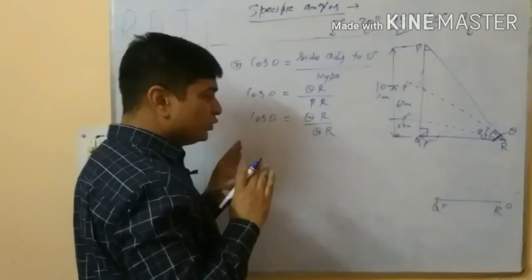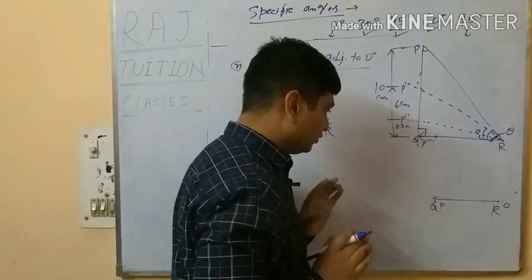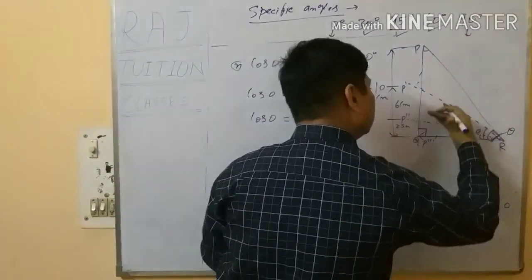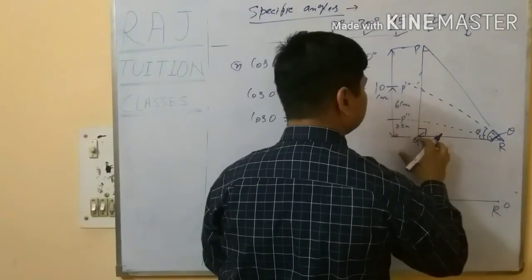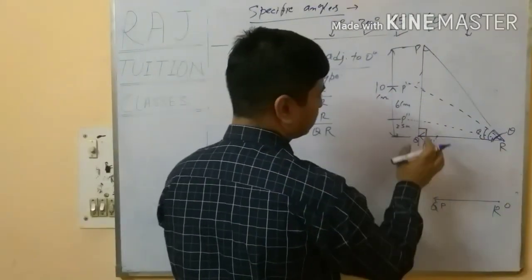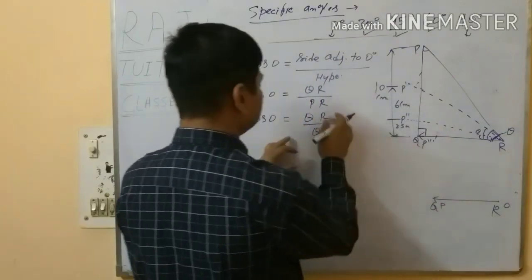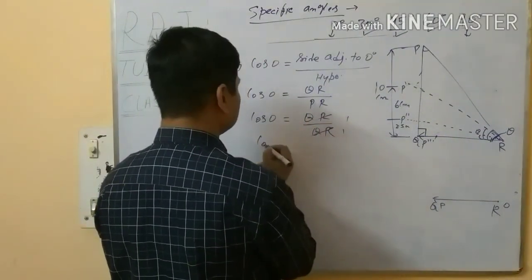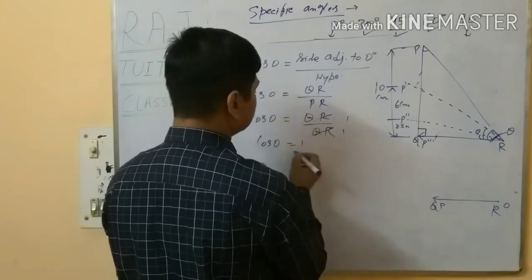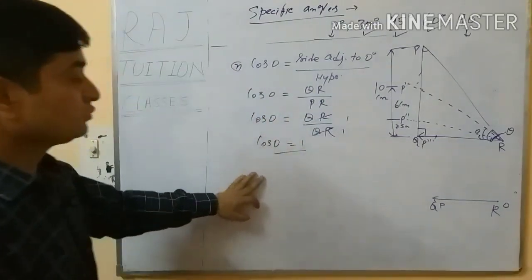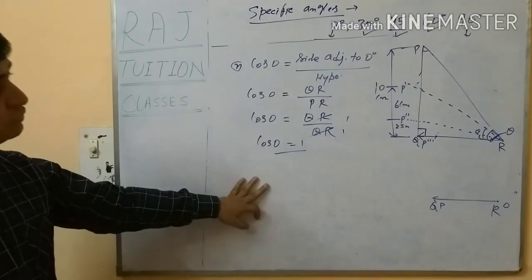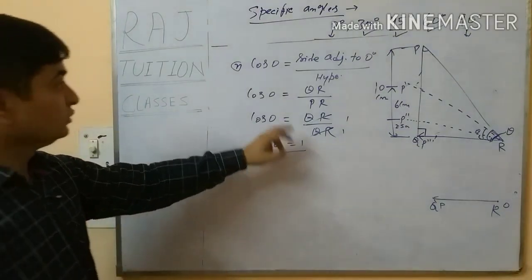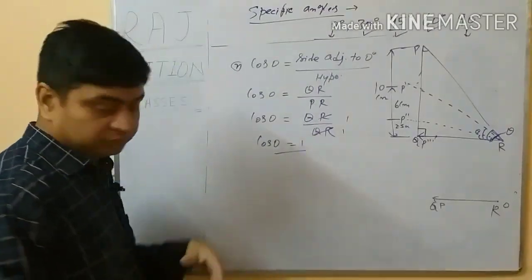We are not just going to confuse right now. सो आप ये मान लीजिए कि जब हाइपोटेनस ड्रॉप करेगा, ये रोटेट करेगा, तो QR and PR will become same. So QR cuts with QR and cos 0 degree becomes 1. This is cos 0 degree. Cos 0 is 1, sin 0 was 0.